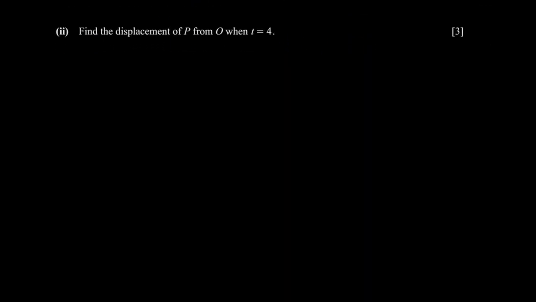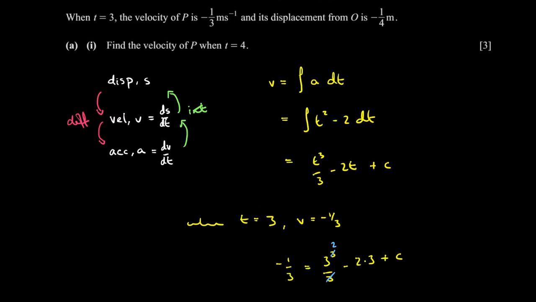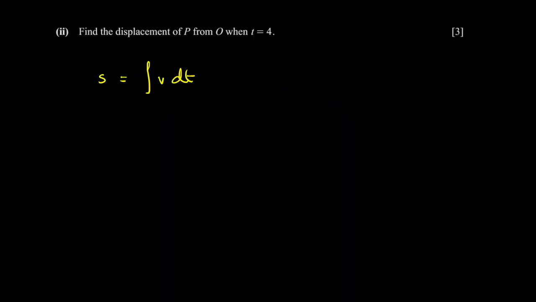So then what we want to do is find the displacement of P from O when t is equal to 4. So again, how do we go from velocity to displacement? Well, we've got to integrate, because we're going from velocity up to displacement.